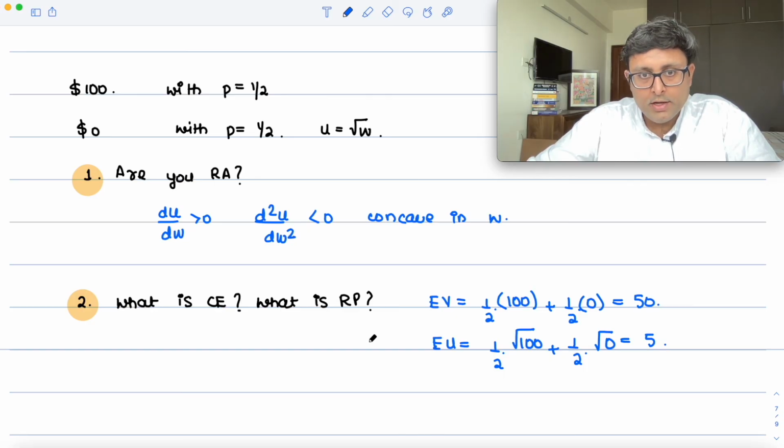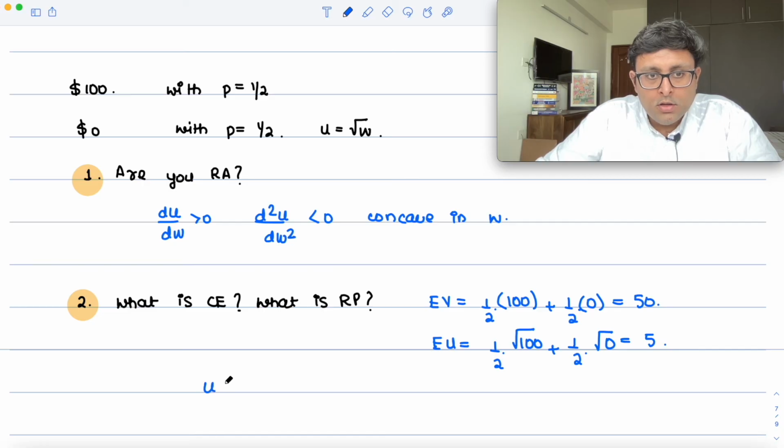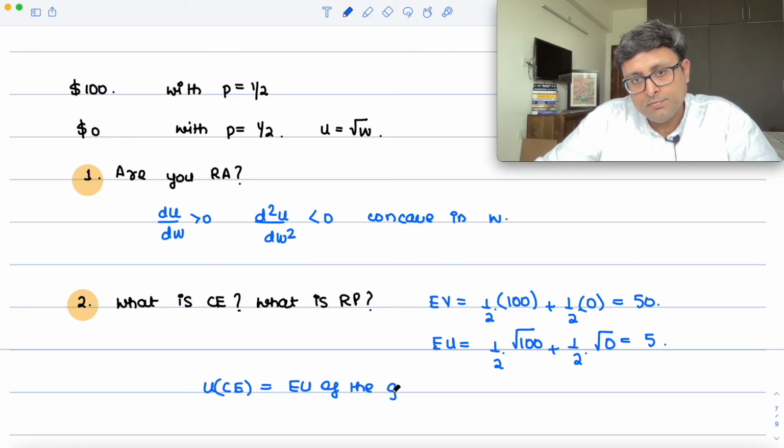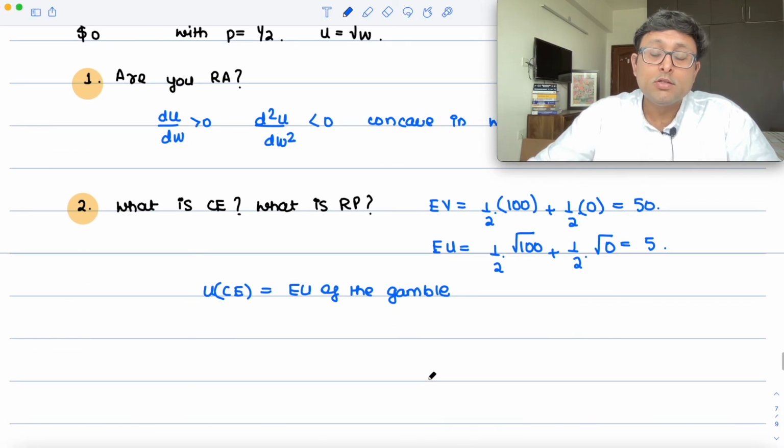Fair enough. Now, what is it that I've told you about the certainty equivalence? How will you find that out? U of CE should be equal to the expected utility of the gamble. Right? So if you put this certainty equivalence amount into the utility function, you will be getting the expected utility of the gamble.